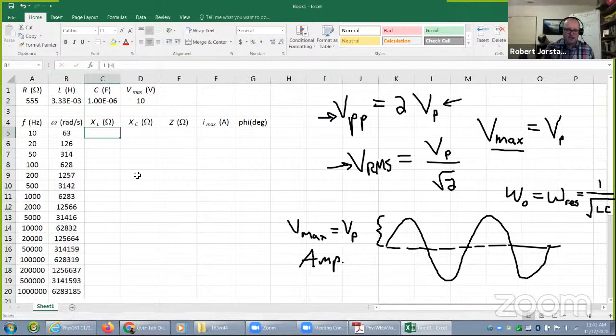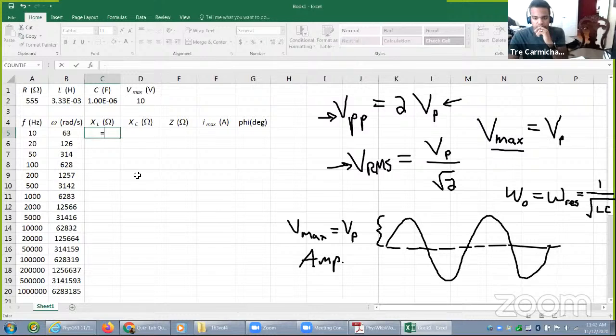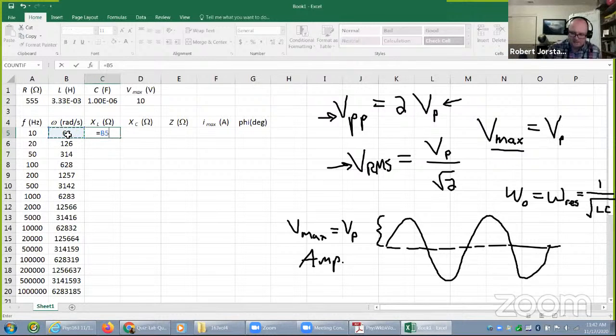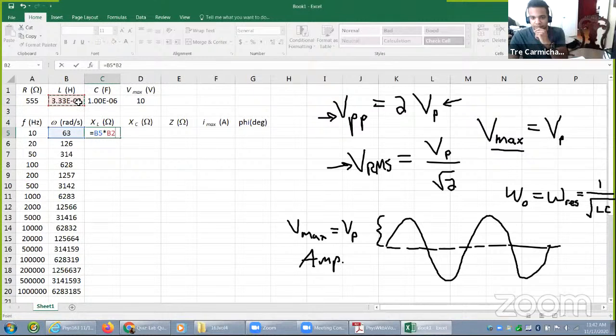Okay, somebody remind me, other than Nick, how do you get X subscript L? It's omega times L. So what should I do right now? Press enter.